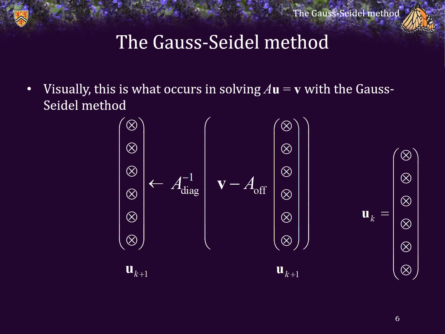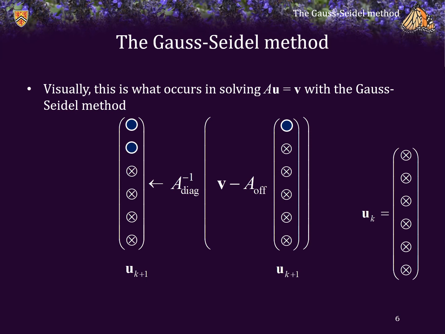So rather than calculating all of the entries, what happens is as follows. We first use the right-hand side to calculate the first entry. But this value now also appears in the right-hand side. So when we calculate the second entry, we're using the updated entry in the first location.